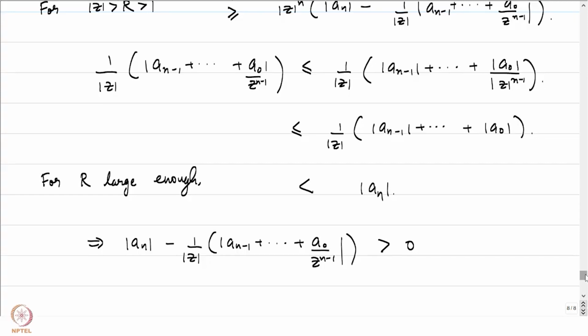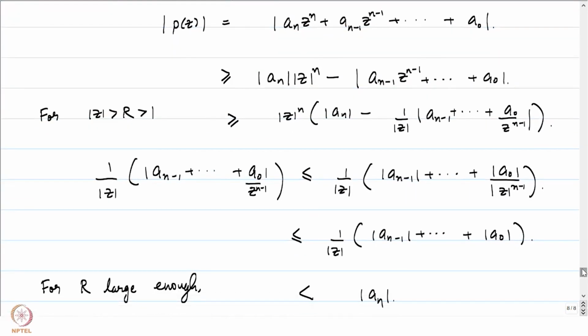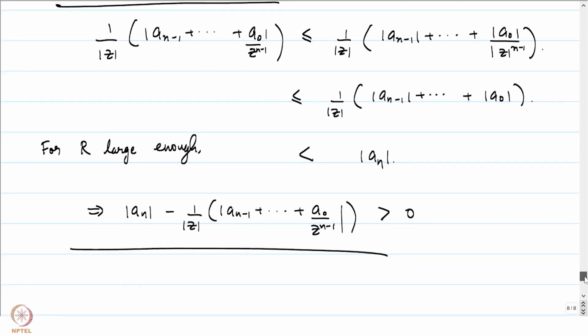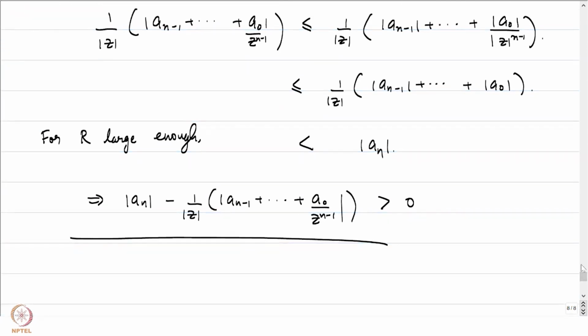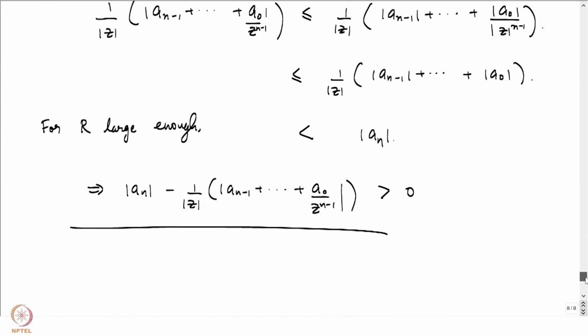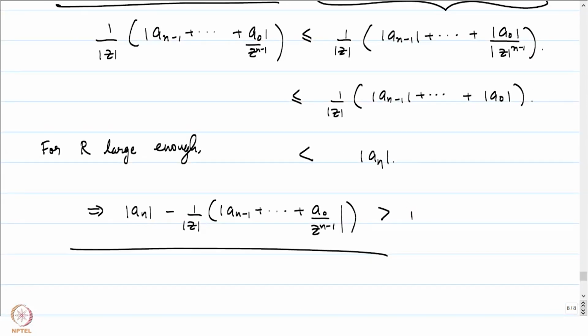Okay, now let's get back to what we were doing. This was a slight digression. We established that for R large enough, this number can be made to be greater than 0. And therefore, let's say that this is greater than some m prime, which is greater than 0.